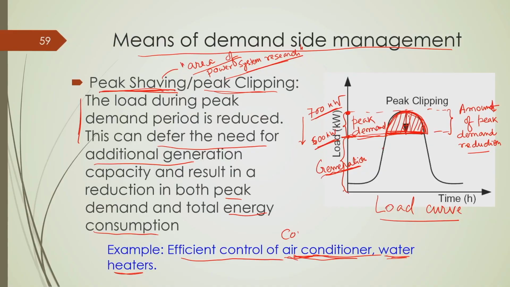If you have control of the duty cycle for operation of the air conditioner and water heater, then you will come up with a reduced amount of peak demand, and that eventually results in saving of this peak demand. So, this is one of the approaches.